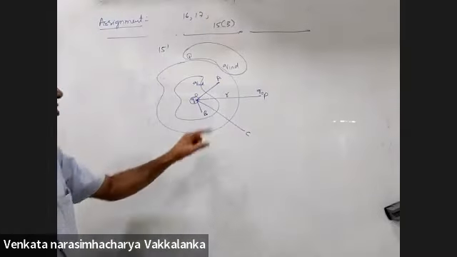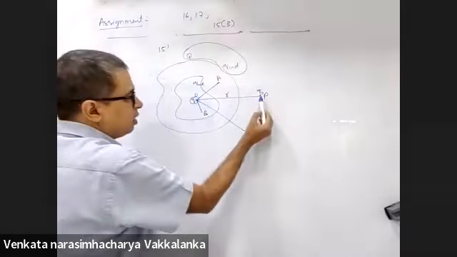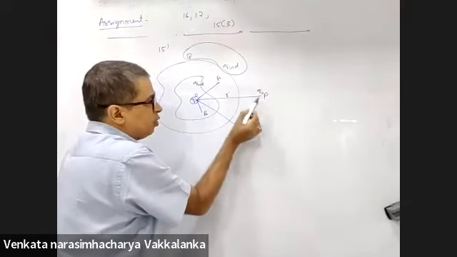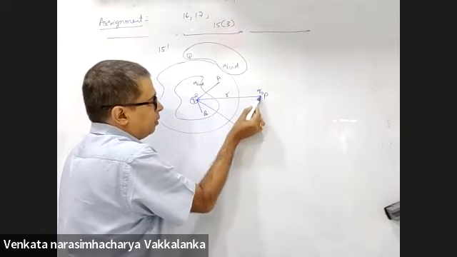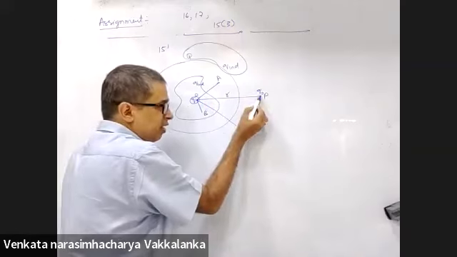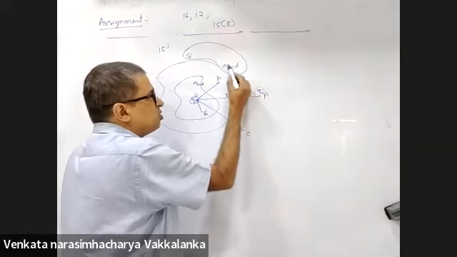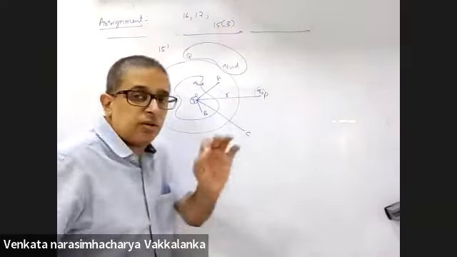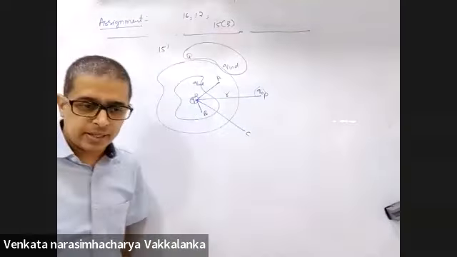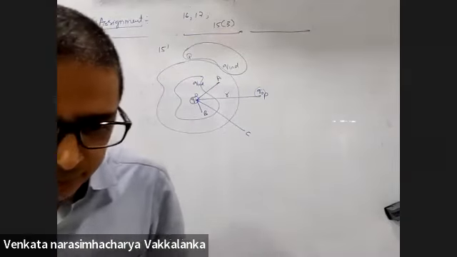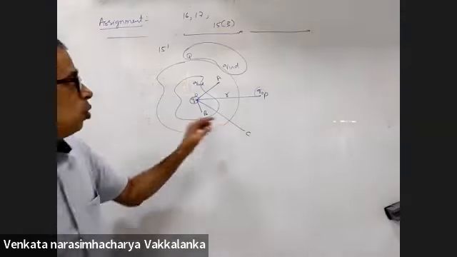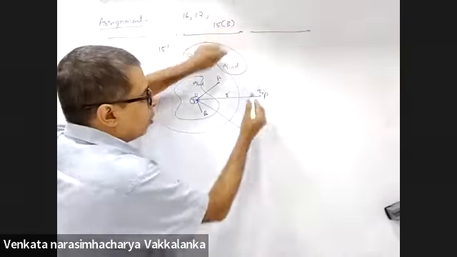Listen, all external charges put together will give me 0. If this distance is PA, if it is given, field because of this and field because of the induced charge will be equal and opposite at it. Is it clear? Field because of induced charge, how will I tell you?